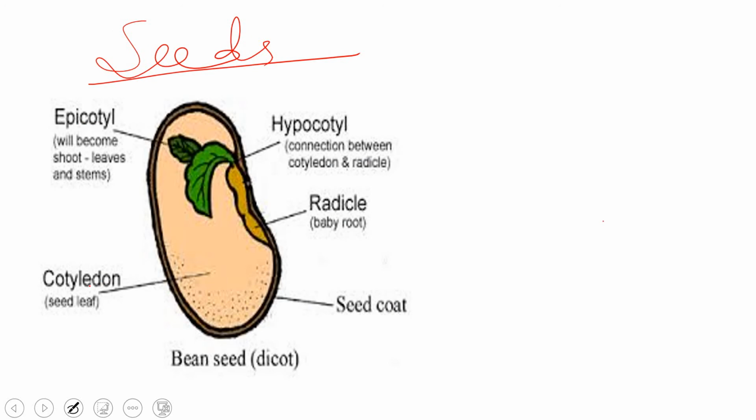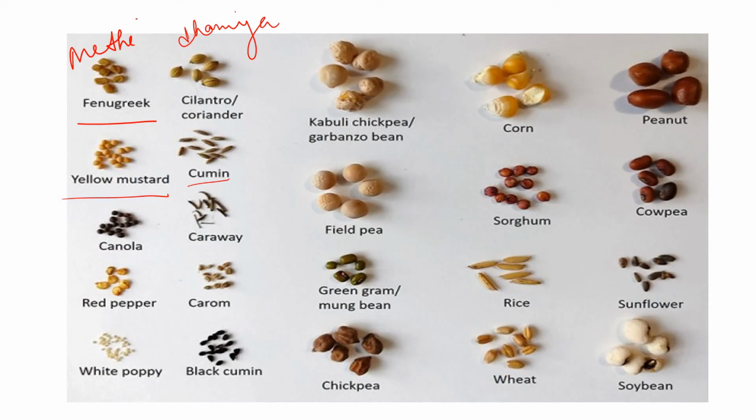Now the seed is protected by an outer covering called the seed coat. This is the outer covering of the seed, okay, and this is called the seed coat. You can see here also all these outer coverings. See, this is green in color, this is somewhat wheatish in color, this is brown color. So all these color structures that you can see on the outer surface of the seed, this is the seed coat.